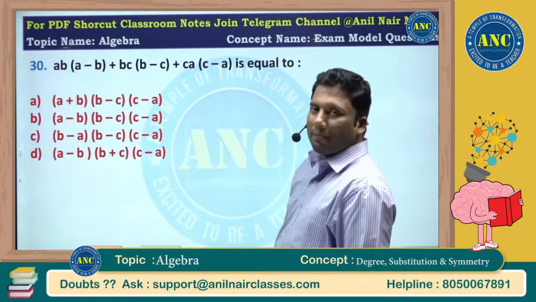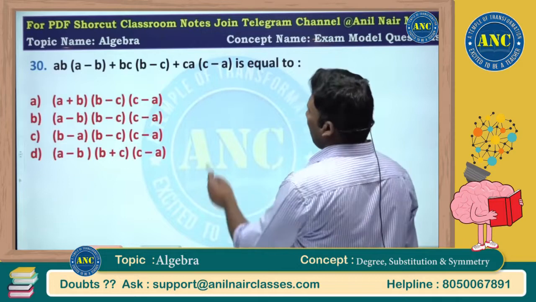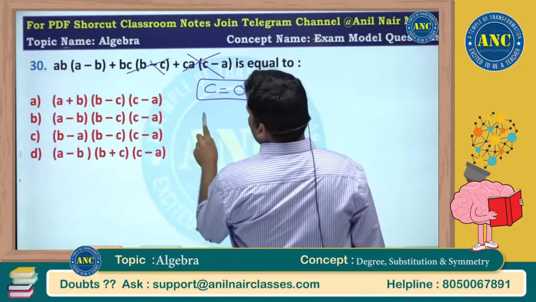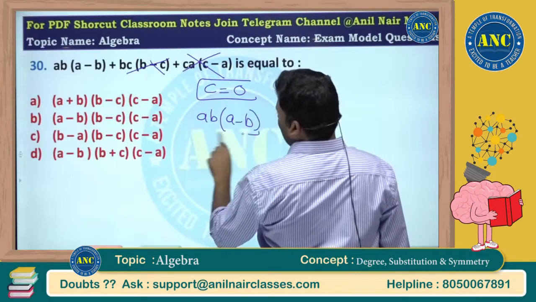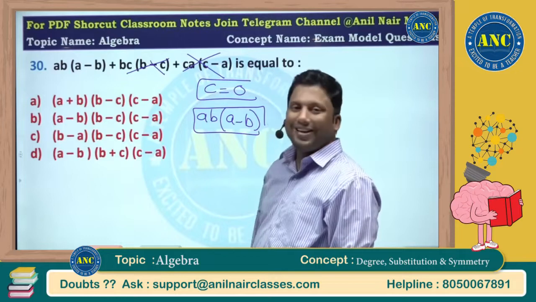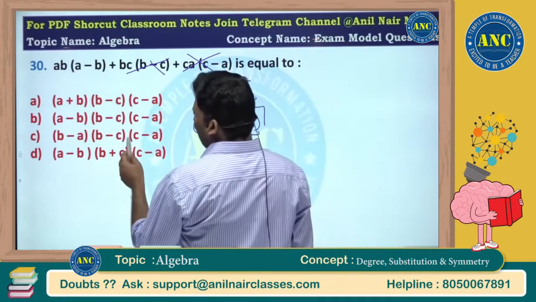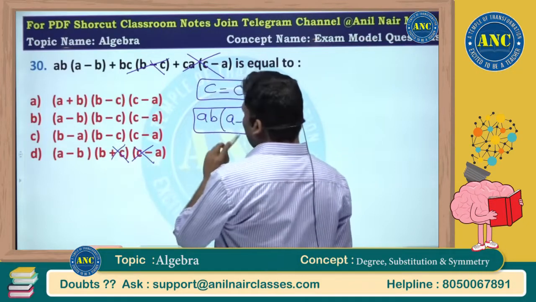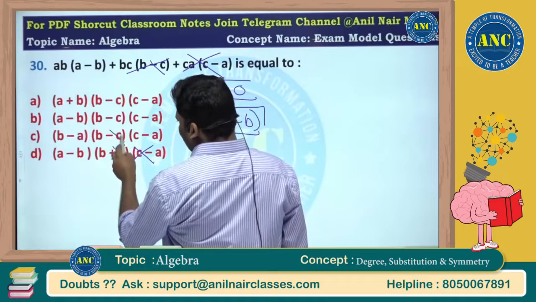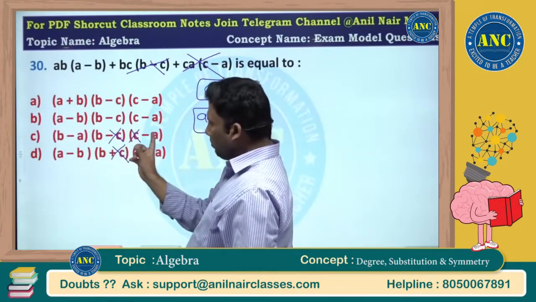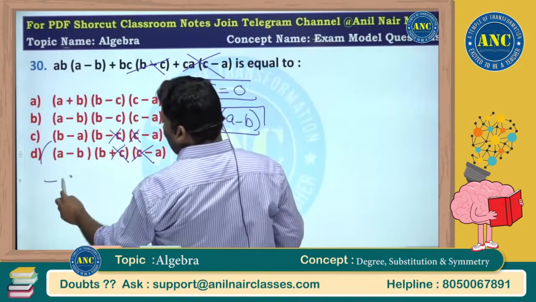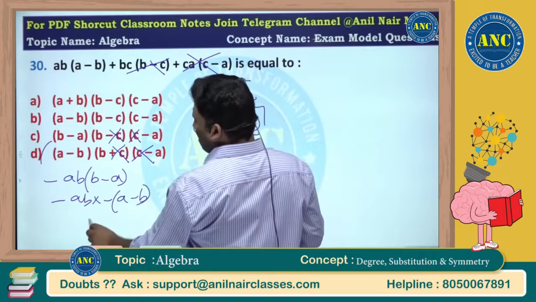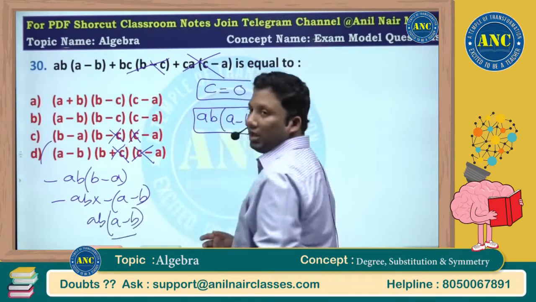AB into A minus B plus BC into B minus C plus CA into C minus A. If I keep C value 0, it should be AB into A minus B. Here if C value is 0, the second term is 0, and the third one, if you see, is minus AB into B minus A, which is AB into A minus B. AB into A minus B, it is satisfying.